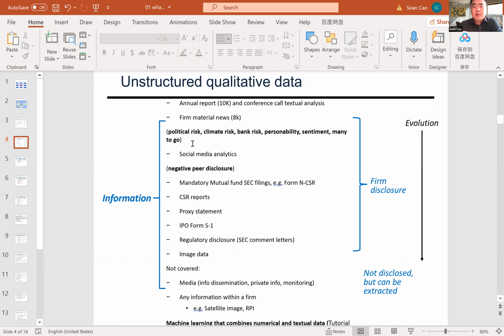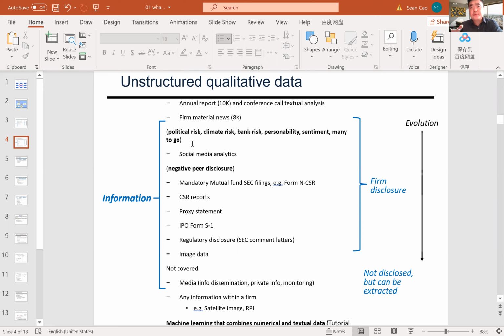For example, military companies, right? Some companies make missiles, some make spaceships, and these companies are very subject to political risk. Some companies are not, like Walmart, this kind of retail company, they have less political risk.